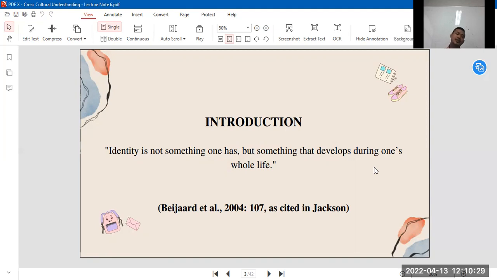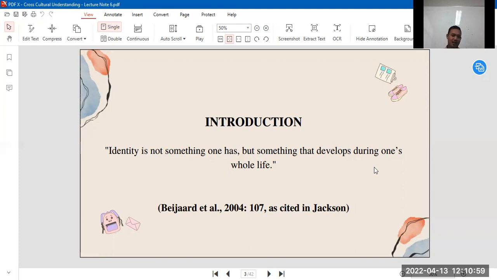Here, the discussion begins with the theories from the Beijing. Identity is not something one has, rather it develops. What does this mean? Of course, in our primary socialization process, we meet many people coming from different cultural backgrounds, and they bring their own identity.